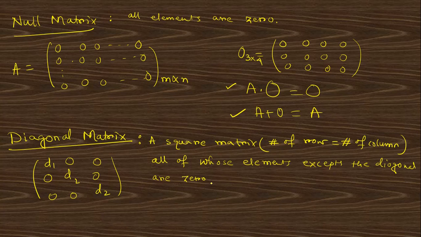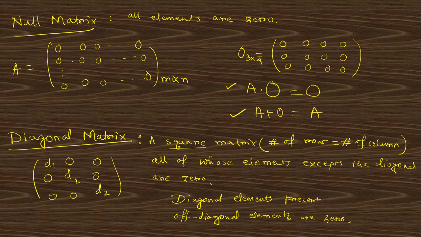This is called a diagonal matrix. You must remember the term square matrix, where the number of rows and columns is the same.